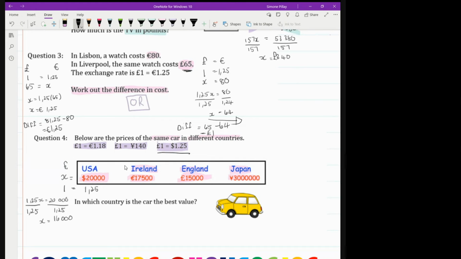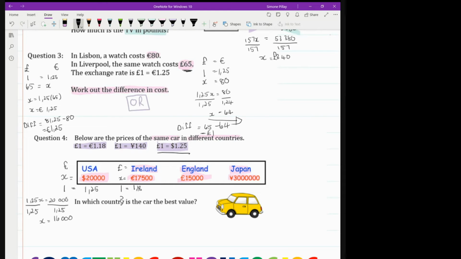Let's move on to our euros over here. So I'm going to set up the pounds column over here. I don't know how many pounds my 17,500 euros is going to be, but what I do know is that 1 pound is equal to 1.18 euros. We're going to cross multiply.